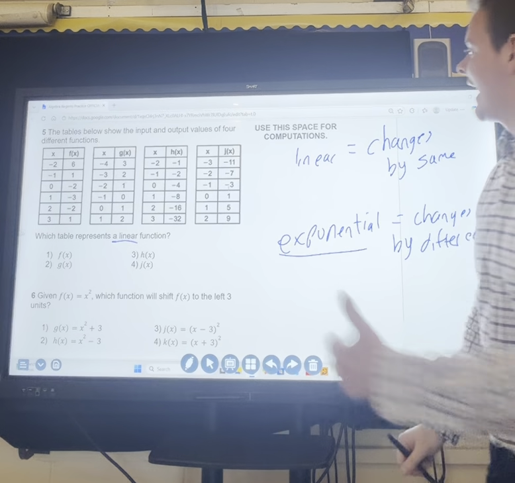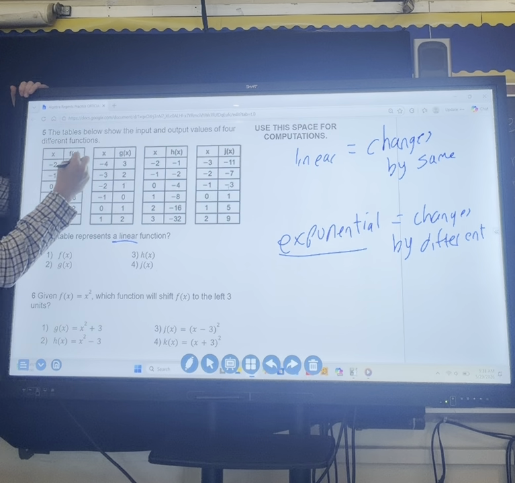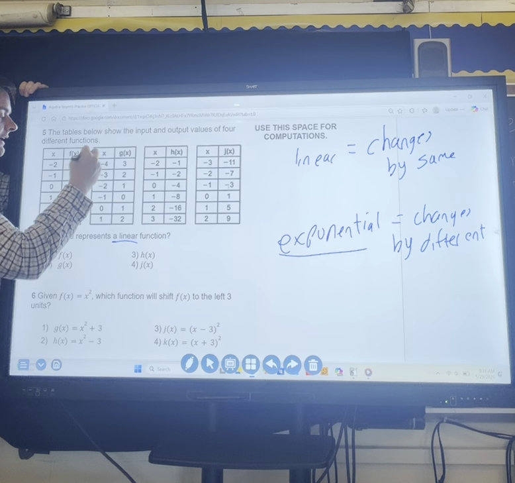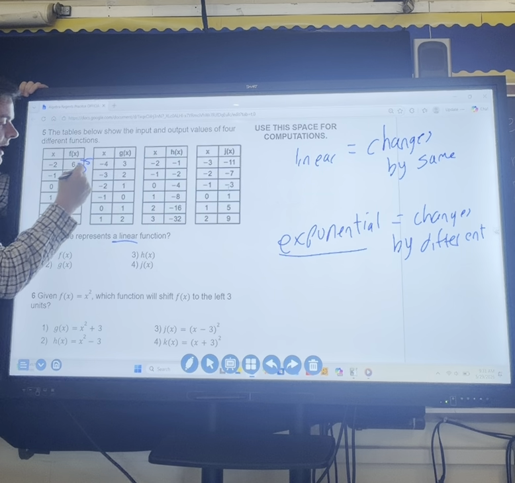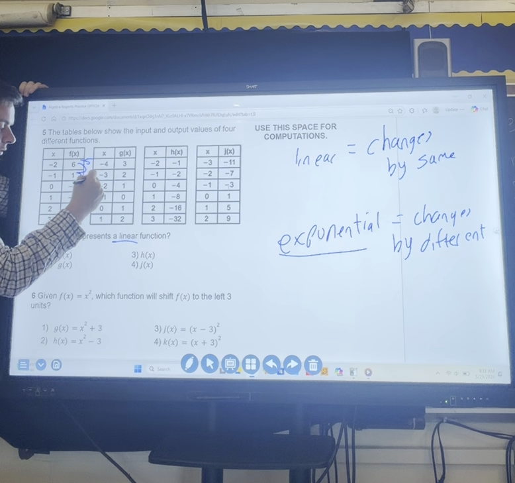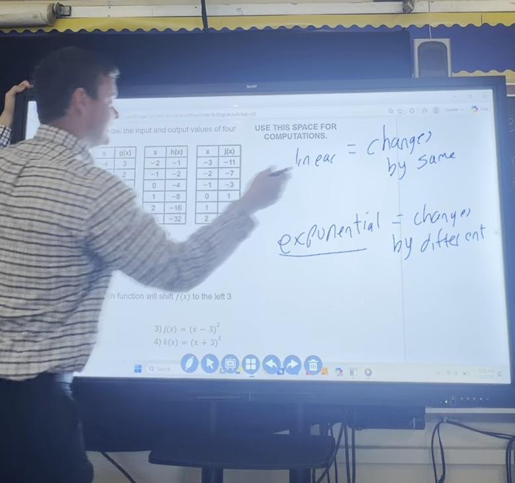What does that mean? As I go here, I look at the y part of the table. I went from 6 to 1. How much did I change by? I changed by negative 5. I went down 5. But then I went from 1 to negative 2. Going from 1 to negative 2, that's only down 3. And negative 5 and negative 3 are not the same. Therefore, it's not linear.